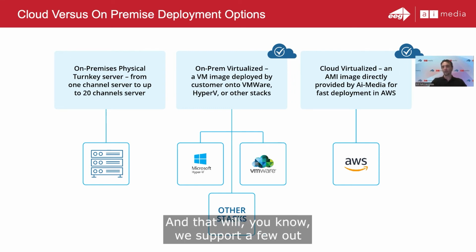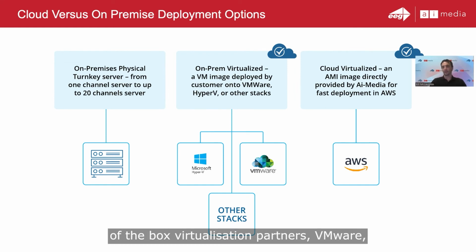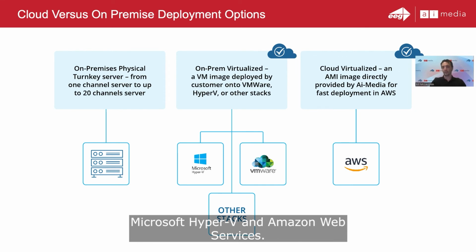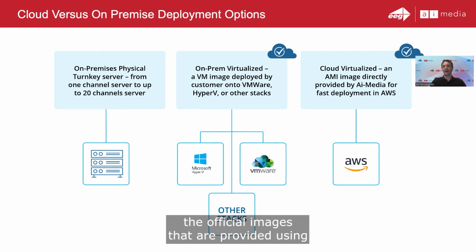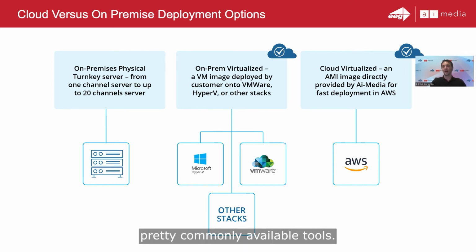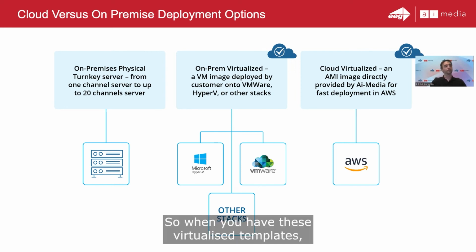And that will work. We support a few out-of-the-box virtualization partners: VMware, Microsoft Hyper-V, and Amazon Web Services. You can also use other stacks and other public clouds by just converting the official images that are provided, using pretty commonly available tools. So when you have these virtualized templates, all you really need to do is set it up in your system, and you can back up your configuration.